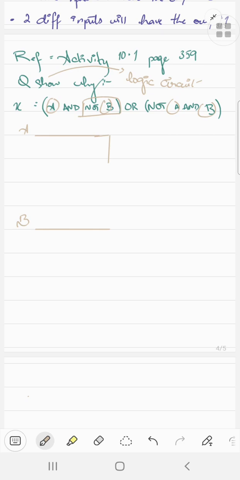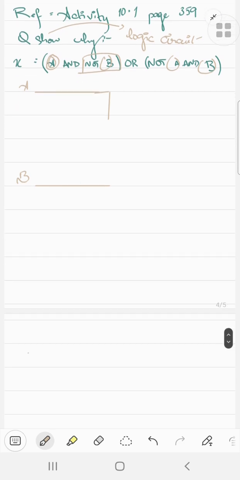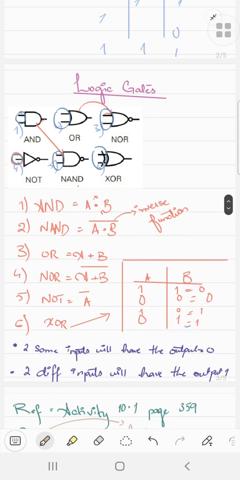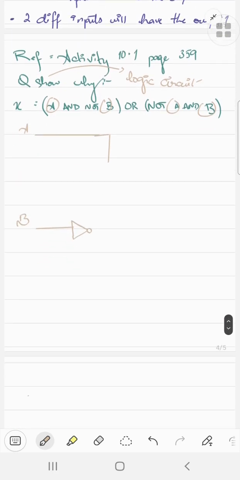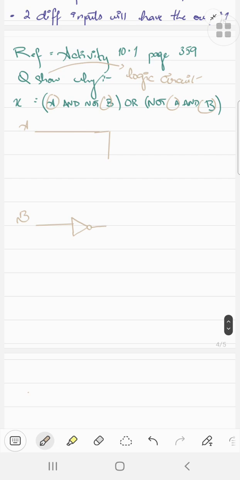Not B means you have to draw the NOT gate here. You have taken a line. Here you will draw the NOT gate, drawn exactly how it has been made above. Then these two logic gates will be joined together with the AND gate.